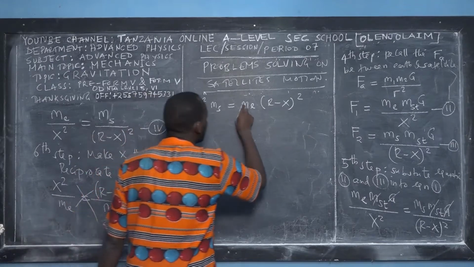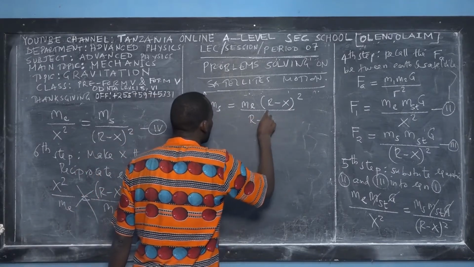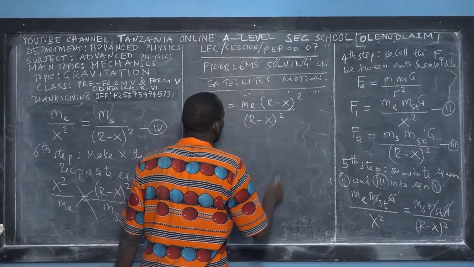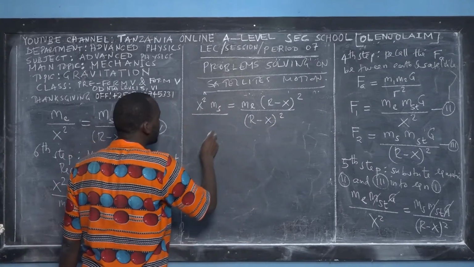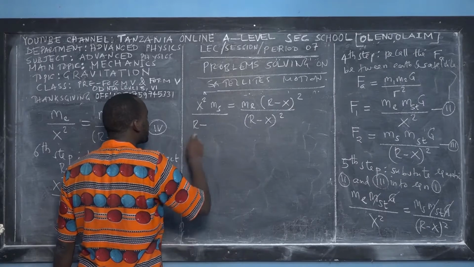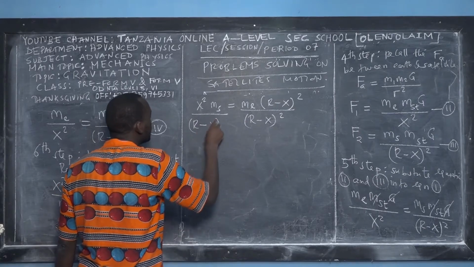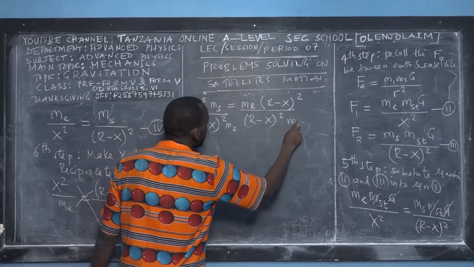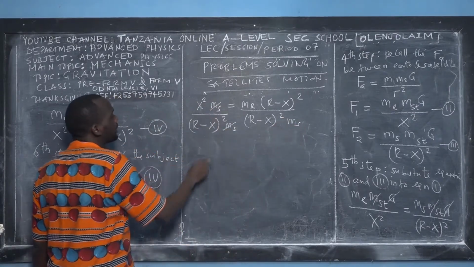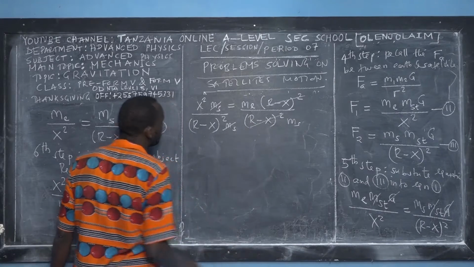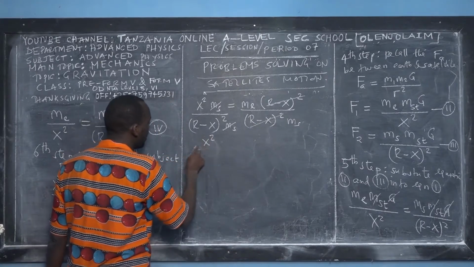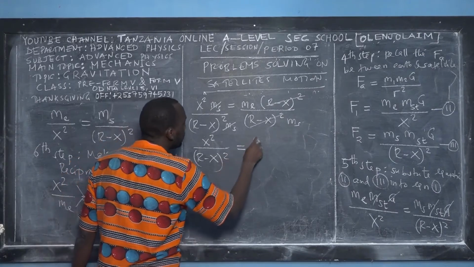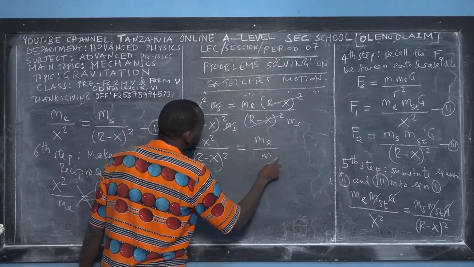Then we divide by the distance from the sun to the S squared, and divide by the mass of the sun, so these cancel, and it remains with x squared over r squared is equal to the mass of the S over the mass of the sun.